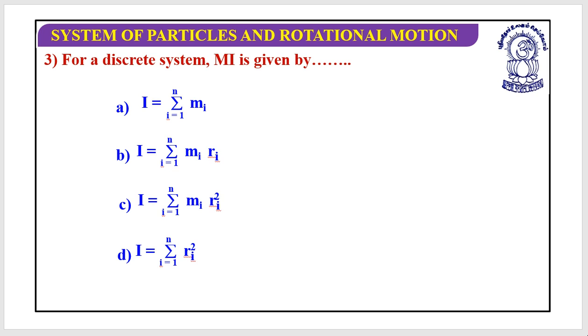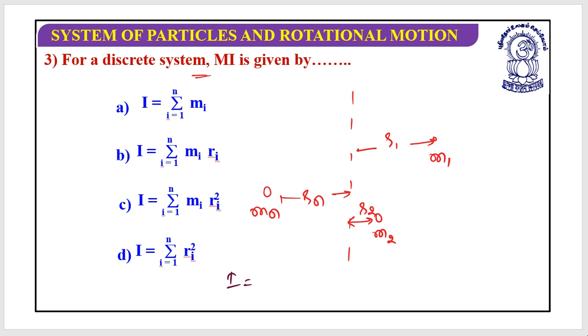Got this? Next, for a discrete system, I is given as, yes, so it was the situation like this. Let's suppose this is the rotational axis. This is m1, this is the perpendicular distance r1. This is m2, this is the perpendicular distance r2. Same way, this is mn and this is the perpendicular distance rn. So this moment of inertia could be written as m1 r1 square plus m2 r2 square plus m3 r3 square up to mn rn square.